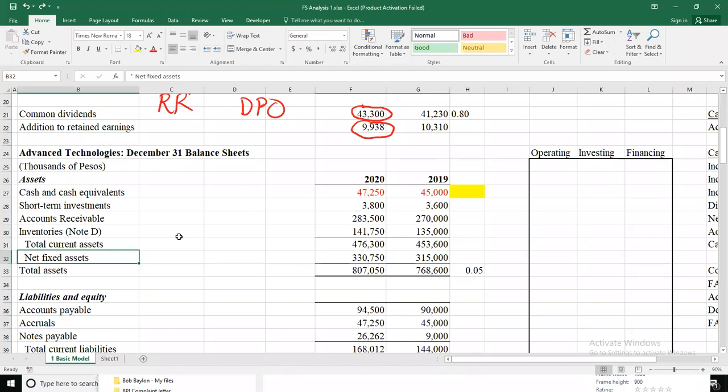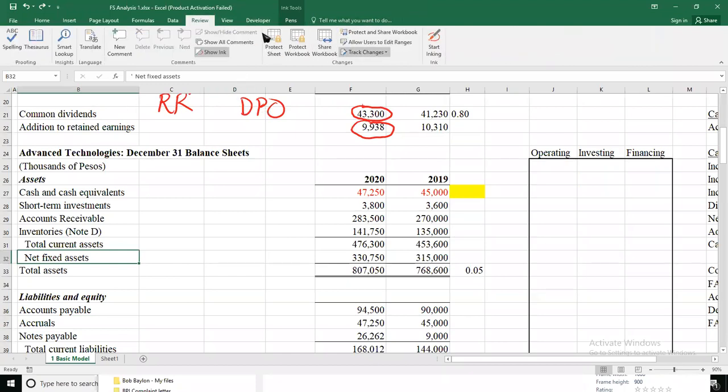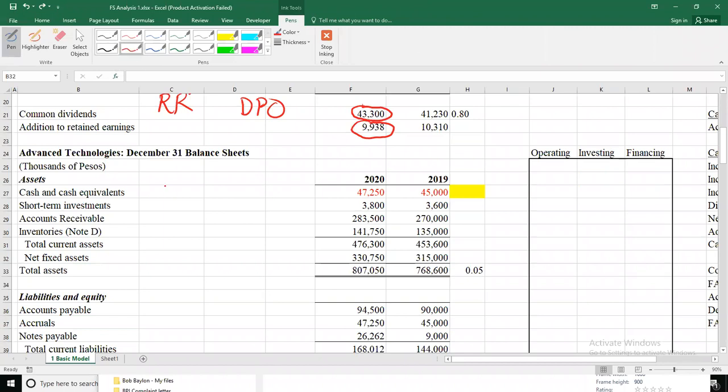Okay, paano nakukuha yung net fixed assets? How do we compute for that? Di ba? Pag net fixed assets or PPE, una muna yan, fixed assets at cost.